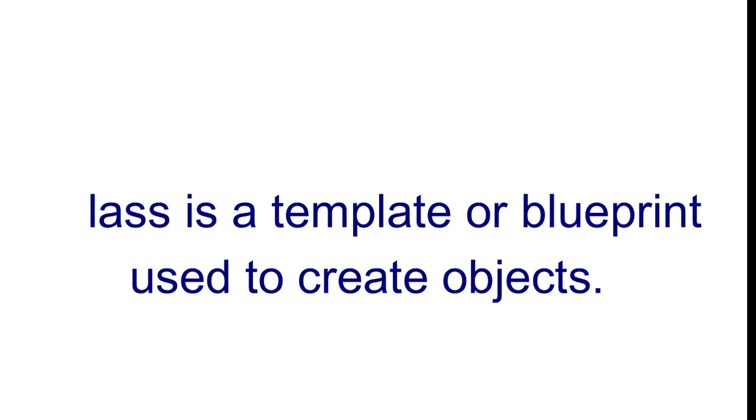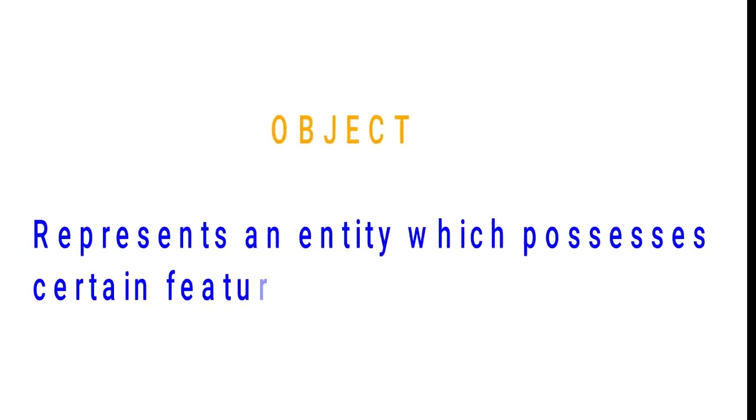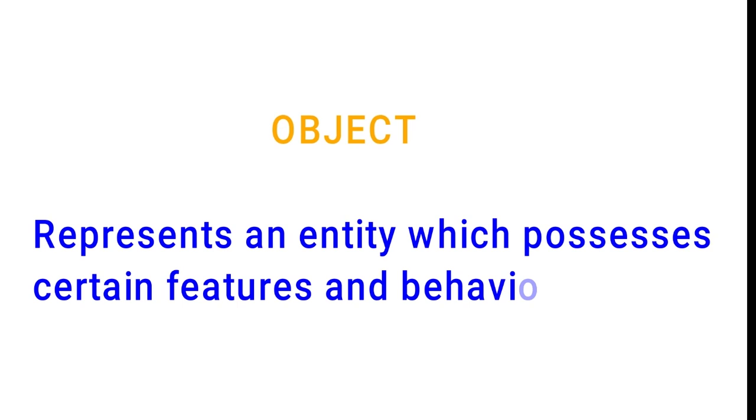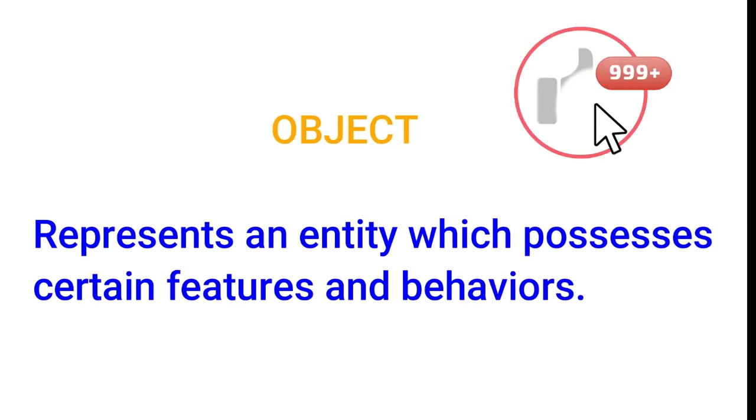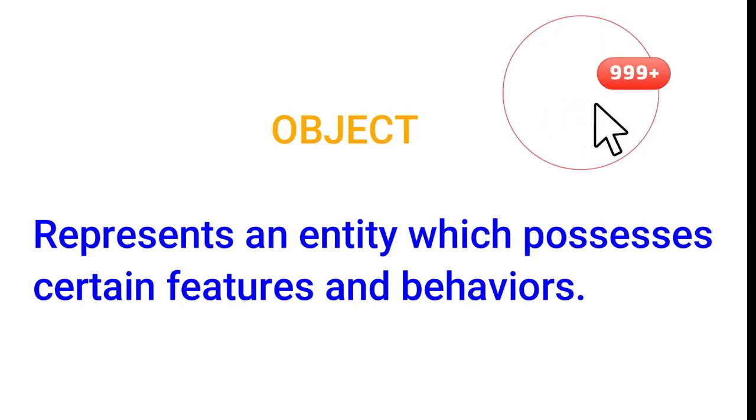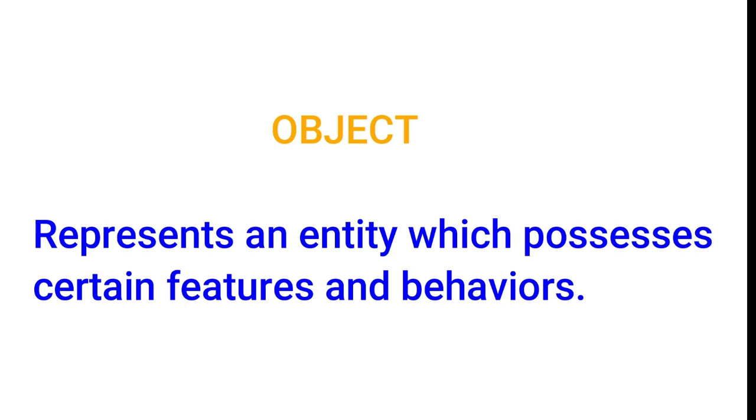So, guys, this will take us to the next thing in these elements of OOP, which has to do with an object. So, what is an object? An object represents an entity which possesses certain features and behaviors.